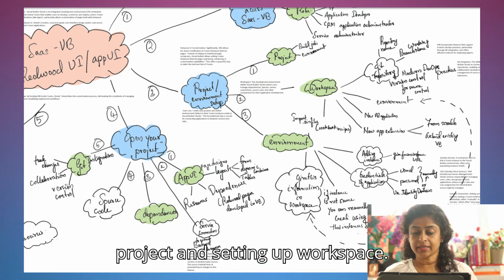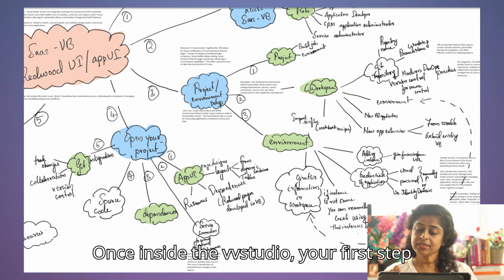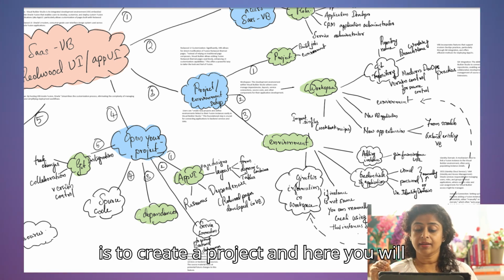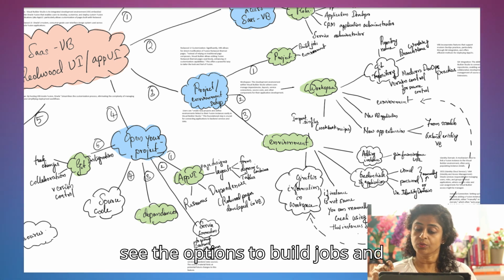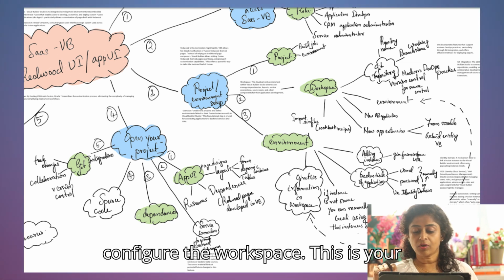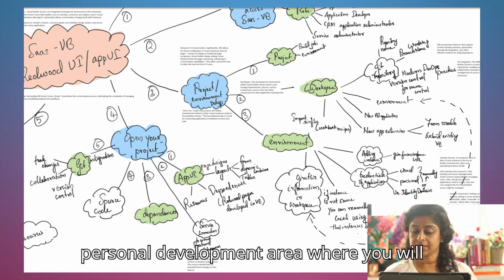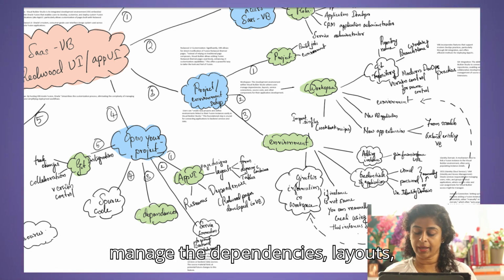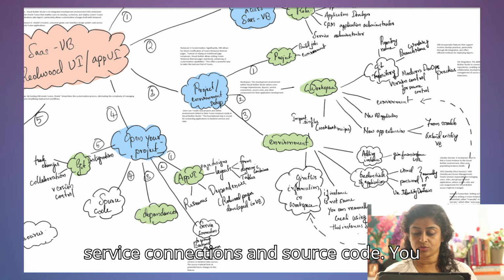Creating a project and setting up the workspace. Once inside the VB Studio, your first step is to create a project, and here you will see the options to build jobs and set up your environment. Then configure the workspace. This is your personal development area where you will manage the dependencies, layouts, service connections, and source code.